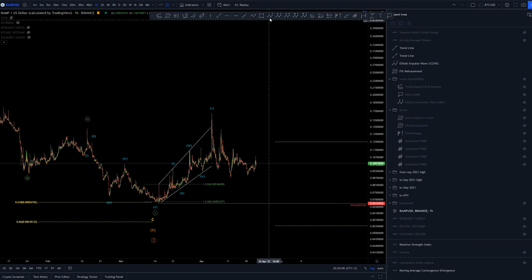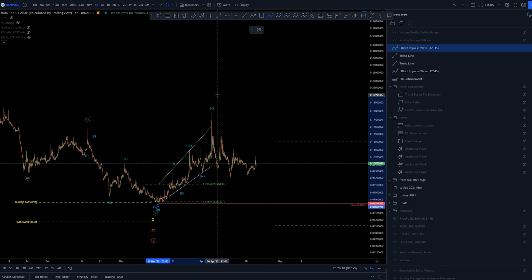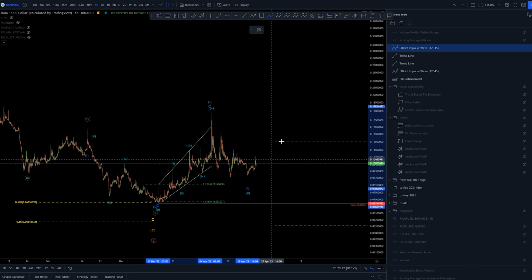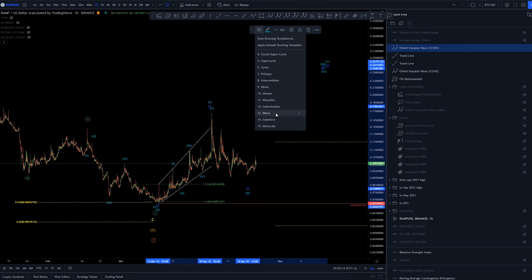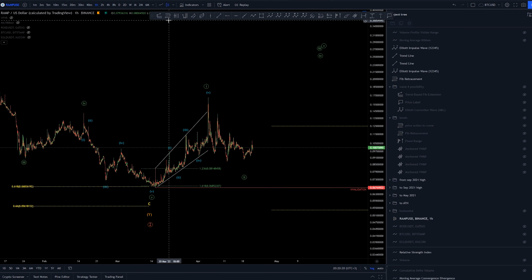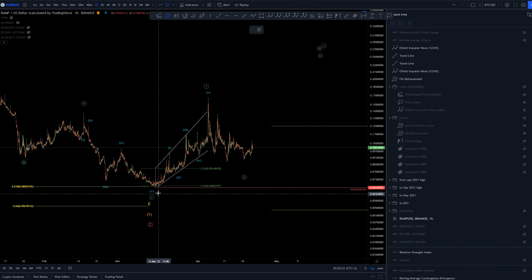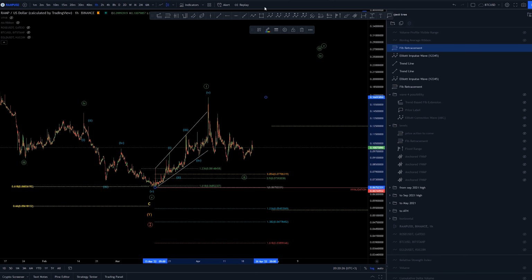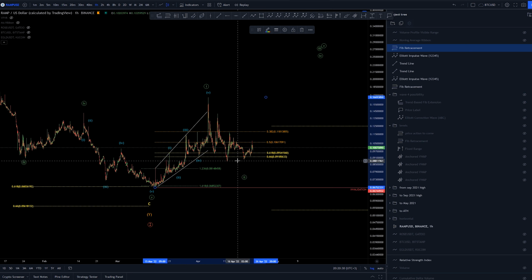Oh well, in any case, if we label this as a leading diagonal, an expanding one, this is what we're going to be going after now. So invalidation at the bottom and targets here at the golden pocket, which we probably have already reached.